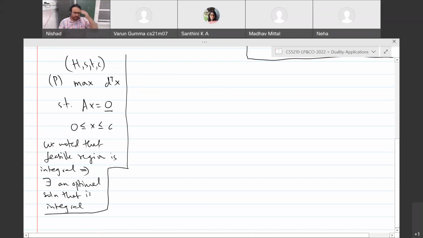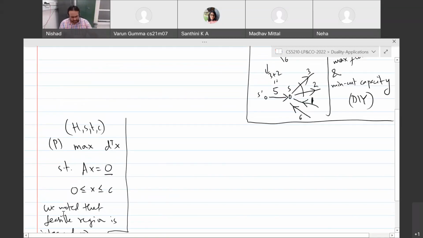I want to write the dual of this, but notice that this is not in the format that we are used to. So let us put it in the format that we are used to. Maximize D transpose X, and let me write it like this. Ax equals 0 and X is at most C and X is greater than or equal to 0.